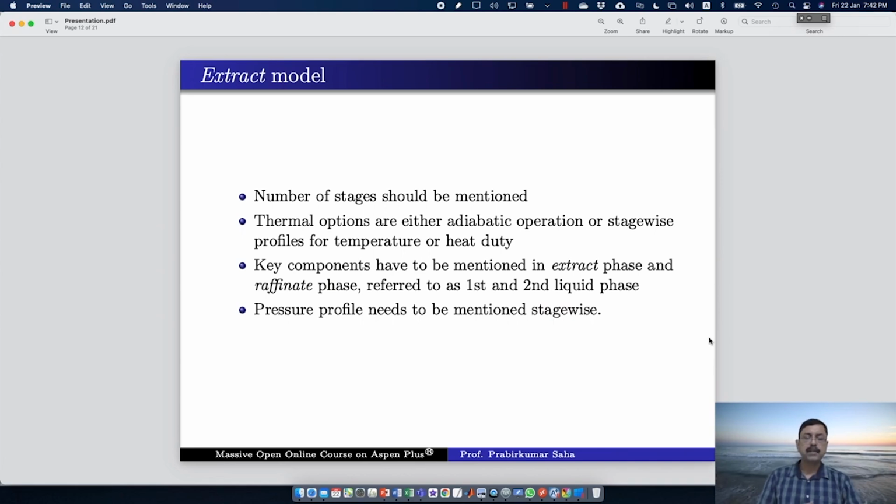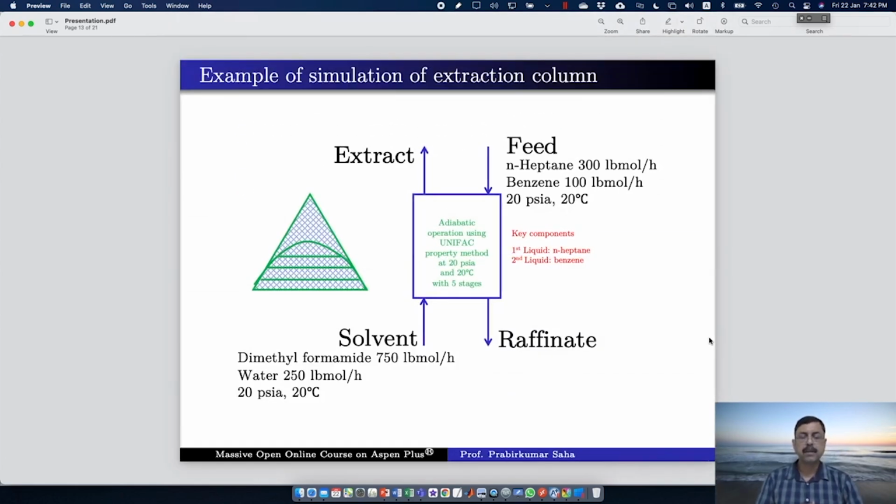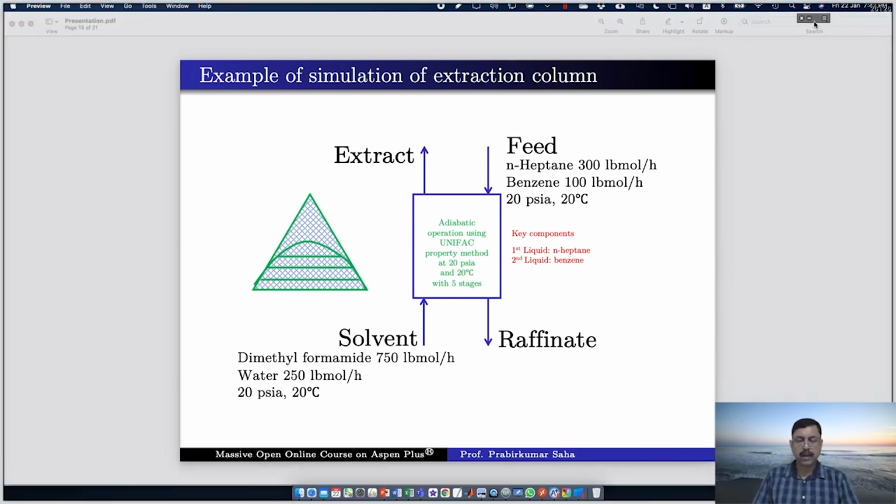So to understand it, let us take the example for simulation of an extraction column. In the extraction column, we have a column having feed of a mixture of N-heptane and benzene, whose flow rates are 300 pound moles per hour of heptane and 100 pound moles per hour of benzene.